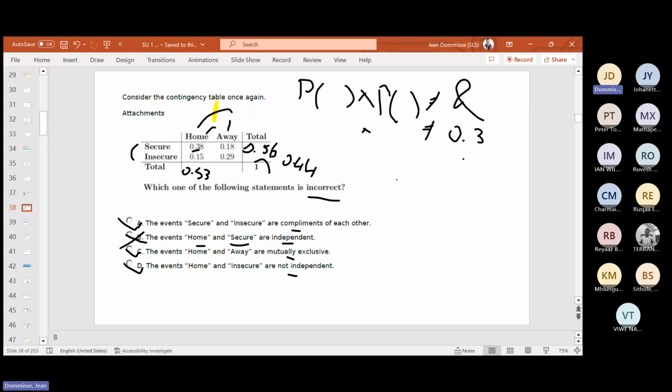Remember, we're so used to looking at the raw data or the n values, and then it's sometimes easier to say what's the probability of one times the probability of the other one. Now we're actually working with the probabilities already.